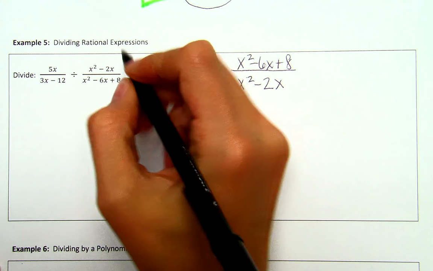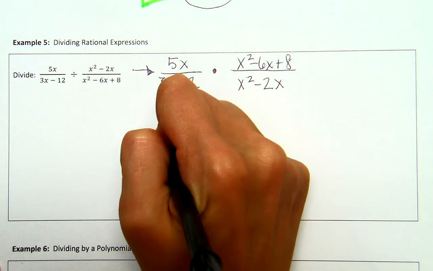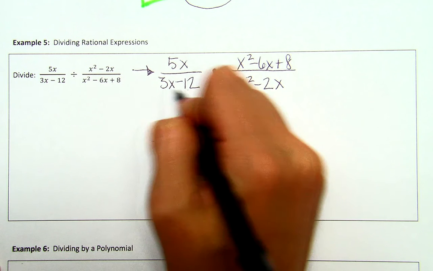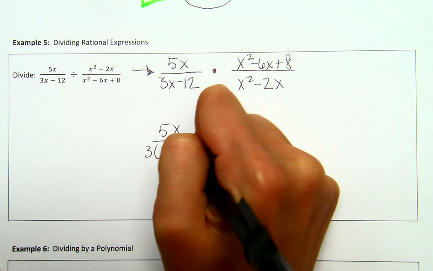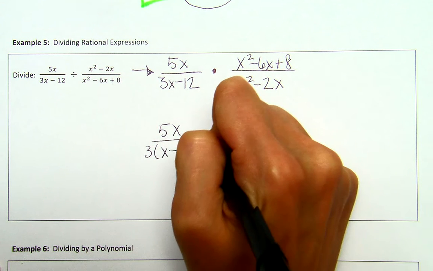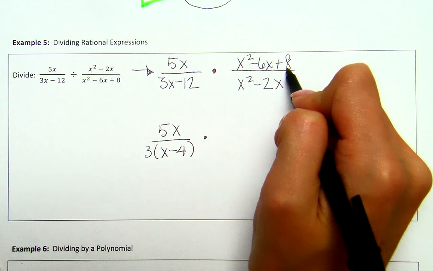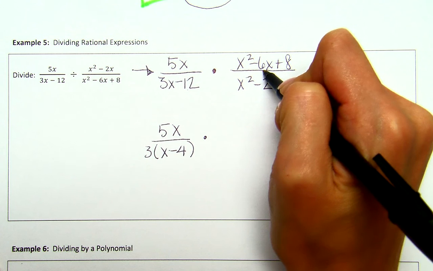So the next step is taking these values. 5x doesn't get any smaller than 5x. 3x minus 12, I can pull a 3 out of both of these terms, so this becomes 3 times x minus 4. Times, up top I have x squared minus 6x plus 8. I need two numbers that when I multiply I get 8, and when I add or subtract them I get 6.